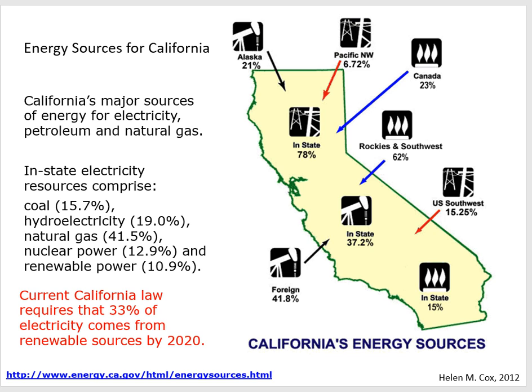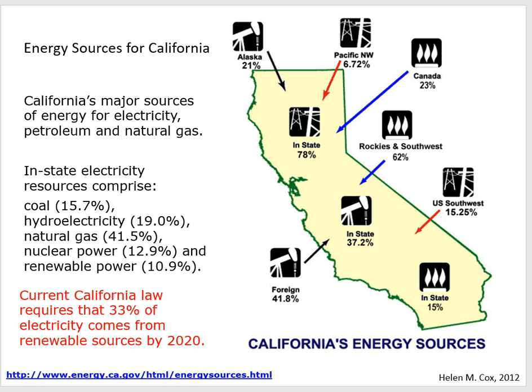In electricity production, however, because of its renewable energy mandates, the state has been actively trying to transition into a renewable portfolio. So the mandate is that by 2020, about a third of our electricity should come from renewable sources.